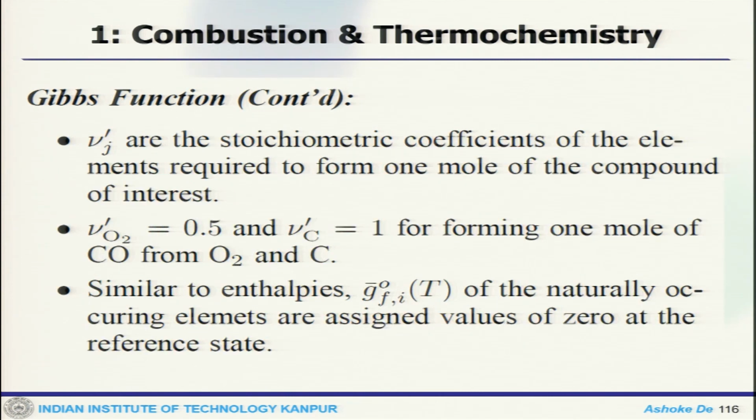So, as I said, nu_i are the stoichiometric coefficients of the elements required to form 1 mole of the compound of interest. Let us say the example that we had: O2 would be 0.5, and C would be 1, for forming 1 mole of CO from O2 and C. Similar to the enthalpies, the Gibbs function of the naturally occurring elements has a value of 0 at the reference state.